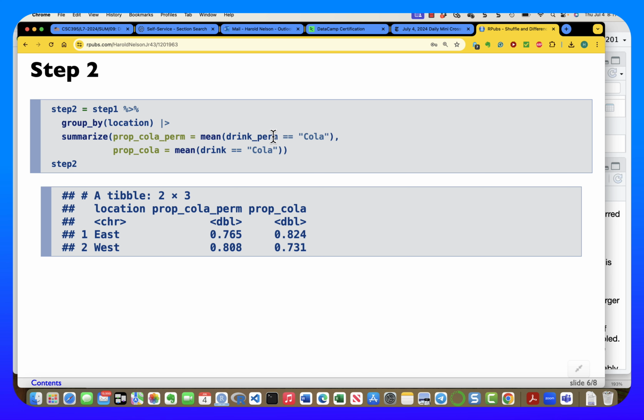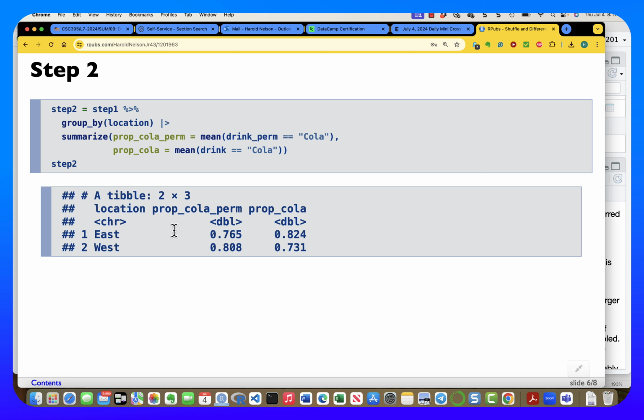That is the fraction of drink underscore perm which is cola. And then prop underscore cola is the mean of drink equal cola. So this is the original. So you're comparing the original proportions with the proportion after. Okay, and this is done for each location.